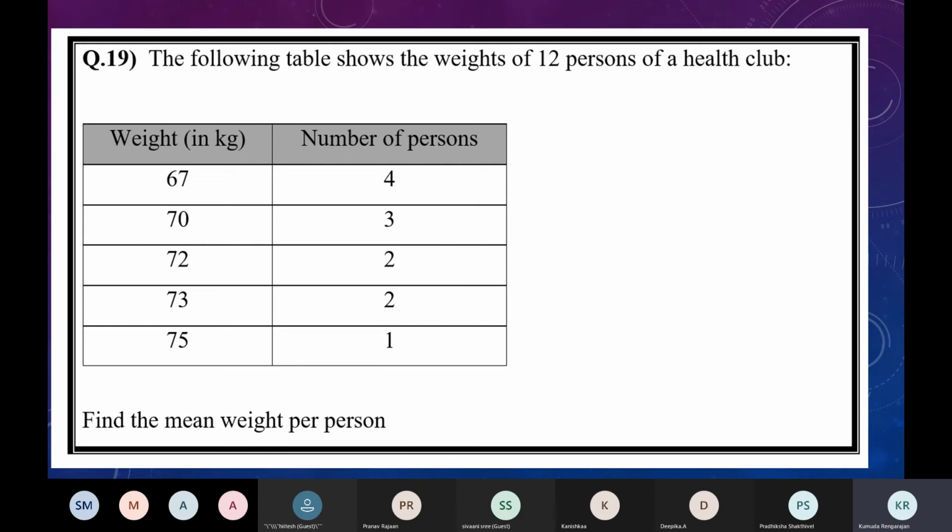So 4 people weigh 67 kgs each. 3 people weigh 70 kgs each. 2 persons each weigh 72 kgs. 2 persons again each weigh 73 kgs and 1 person weighs 75 kgs. So totally 4 plus 3, 7, 7 plus 2, 9, 9 plus 2, 11, 11 plus 1, 12. Number of persons, 12. Find the mean weight per person.